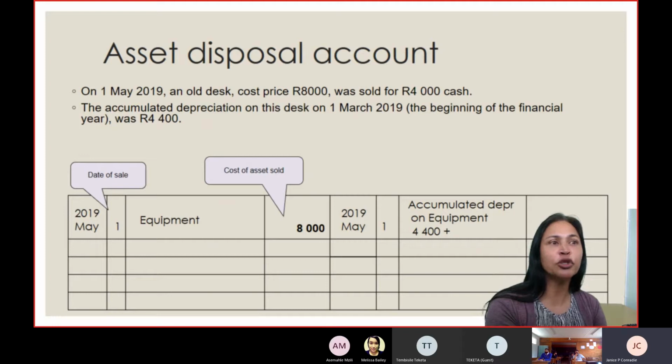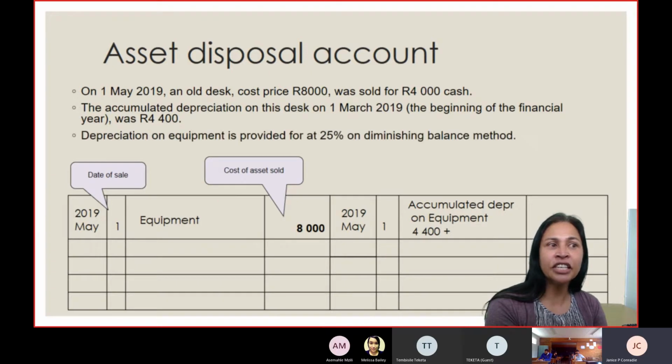But we have disposed of the asset on the 1st of May. That means here we now need to record pro rata depreciation. So what is needed? I need to know the type of depreciation method, and it says depreciation on equipment is provided at 25% on the diminishing balance method.